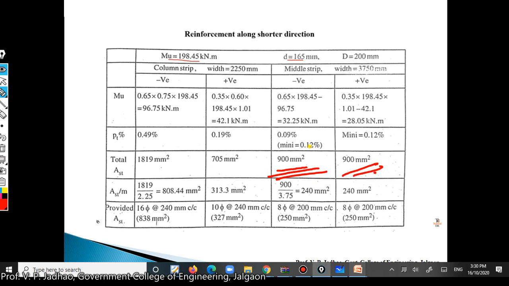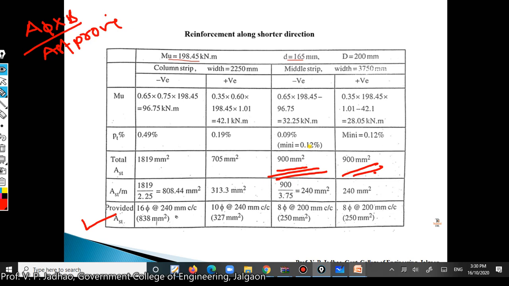And then you can calculate the spacing by using our formula for spacing. The formula for spacing is area of one phi bar multiplied by width B, divided by AST provided. This is for column strip.